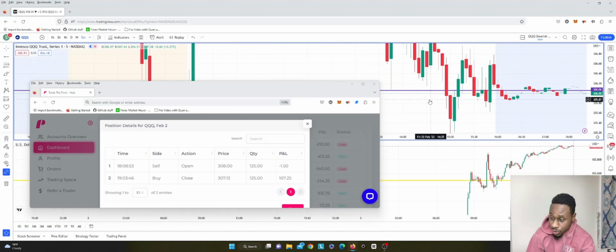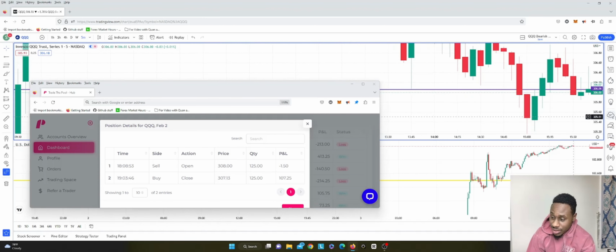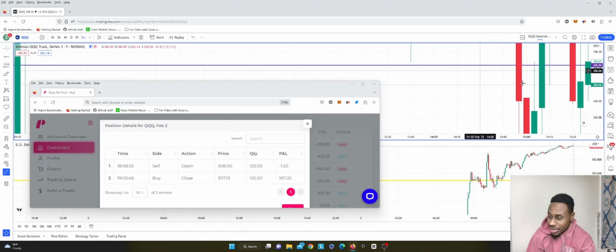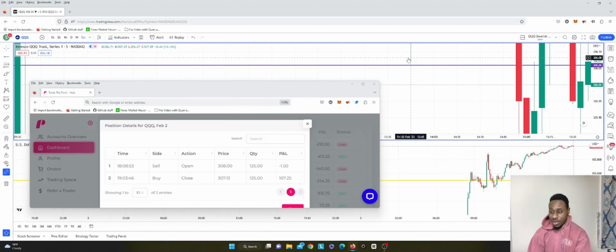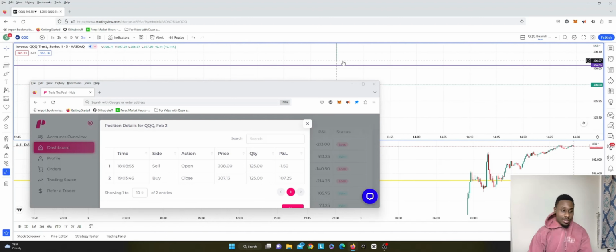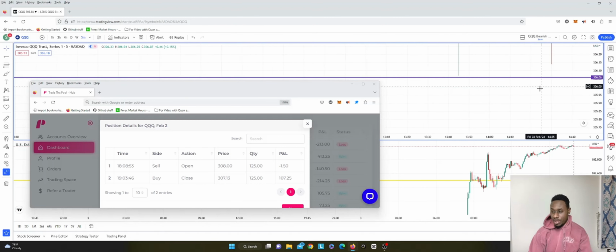As you can see, it came within 0.01 of where my take profit was. So my take profit was this exact level, right? And the QQQ came down to within 0.01 of my level.